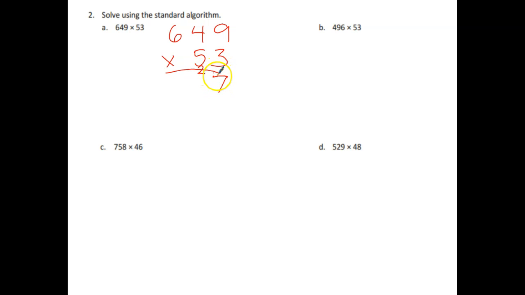Now I have 3 times 4 tens is 12 tens plus 2 tens is 14 tens. I can't put 14 in my tens place, so I'm going to take 10 tens and regroup it as 100. All right, now I have 3 ones times 6 hundreds. That's 1800 plus 100 is 1900.